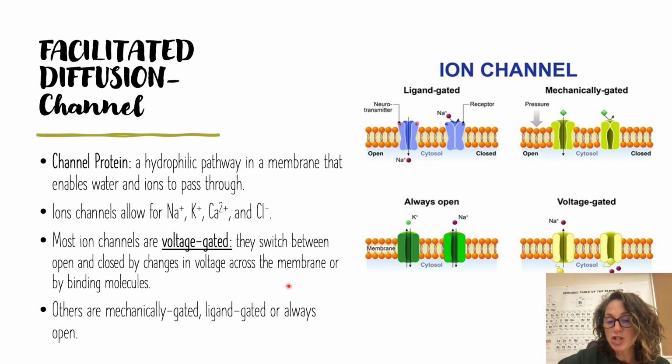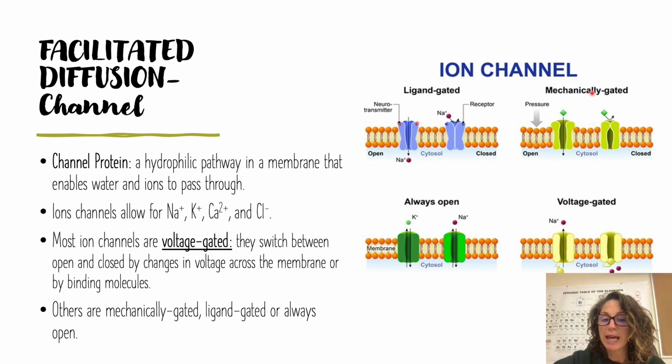Most ion channels are voltage gated. They switch between open and closed by changes in the voltage across the membrane, or by binding molecules. So we have a ligand gated channel. If we have sodium attached, then it closes the channel, and the sodium can no longer go through.